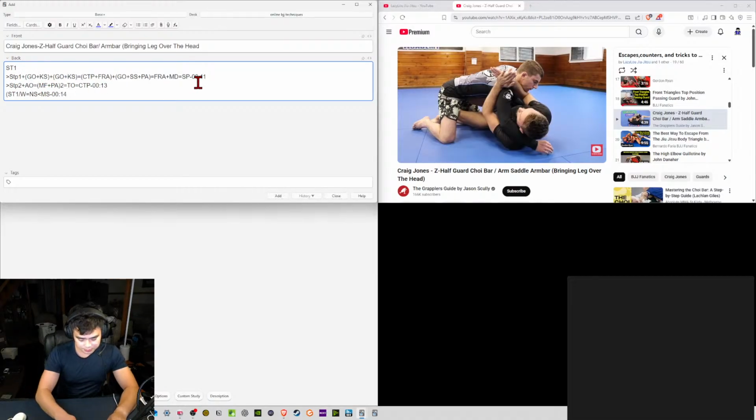Step two, dash, and how many blocks? 1, 2, 3, 4. On the fourth block, oh man, why did I do that?